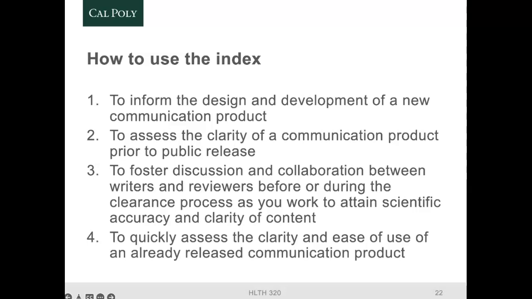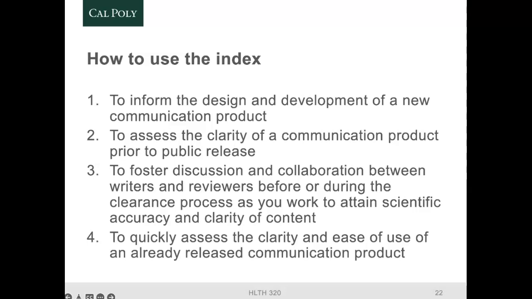So first, it can be used to inform the design and the development of a new communication product. 2, to assess the clarity of a communication product prior to its public release. 3, to foster discussion and collaboration between writers and reviewers before or during the clearance process as you work to attain scientific accuracy and clarity of content.